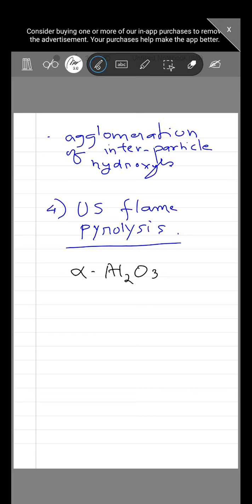So we start with aluminum nitrate, which is ultrasonically dissolved in methanol water mixture.